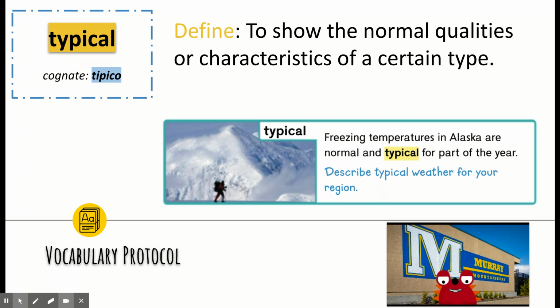And then it's the qualities of a certain type, or also a behavior. So what is the typical thing to do when you burp? The typical, normal, usual thing to do when you burp is to say, excuse me. Excuse me, sorry. And a sentence is: freezing temperatures in Alaska are normal and typical for part of the year.